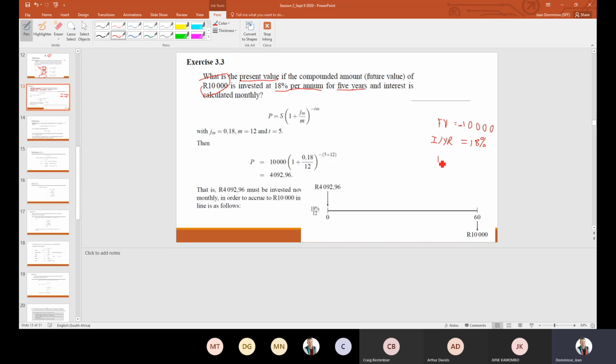So we know that N is equal to 5. And interest is calculated monthly, so the times per year that this is happening is 12.